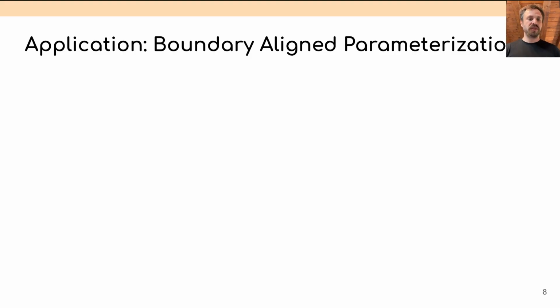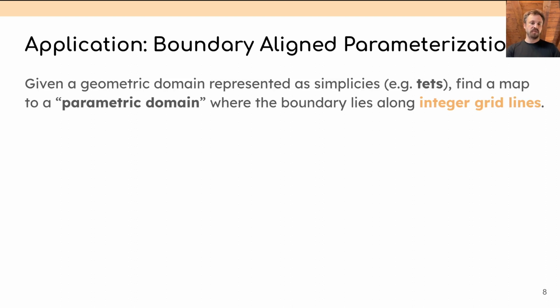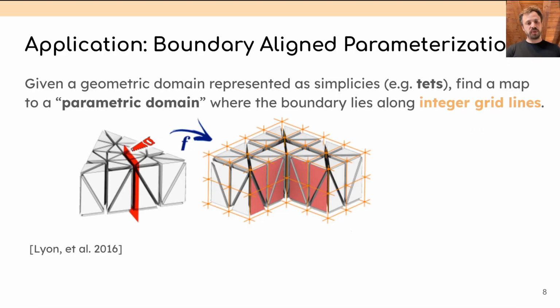This representation was developed to study the problem of boundary aligned parameterization. So I want to introduce this problem a little bit at this point. What is the problem of boundary aligned parameterization? Well, suppose you have some geometric domain like this triangular prism. We want to compute a map F from the geometric domain into a parametric domain, which is like Minecraft. The idea is that we want to send the boundary of the geometric domain to integer grid planes in the parametric domain.